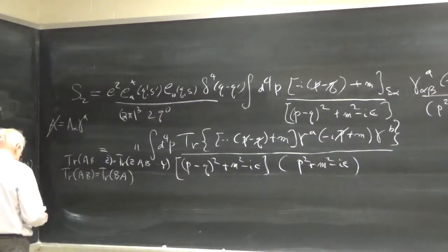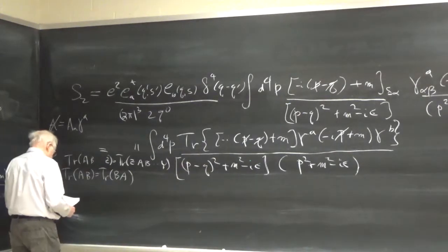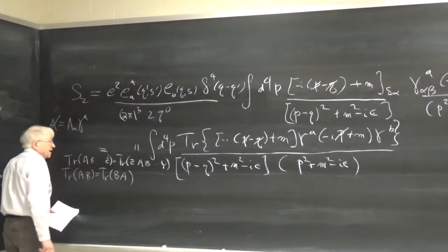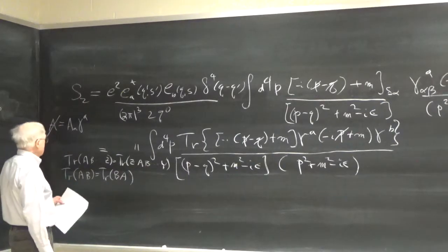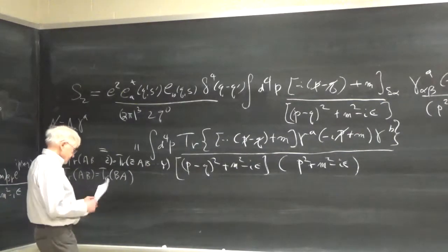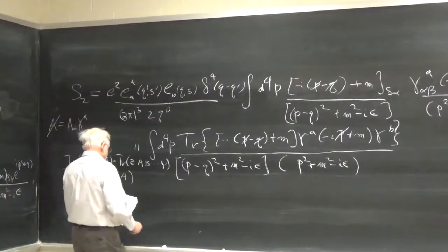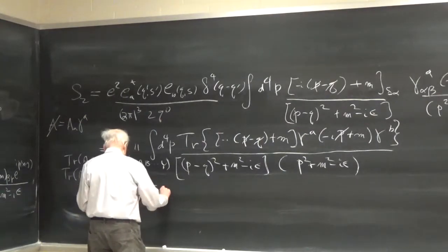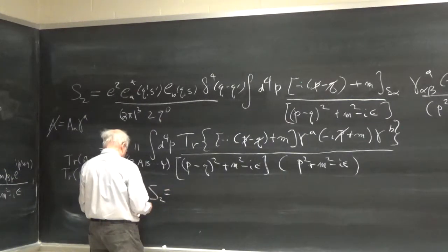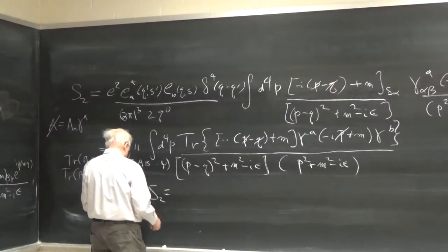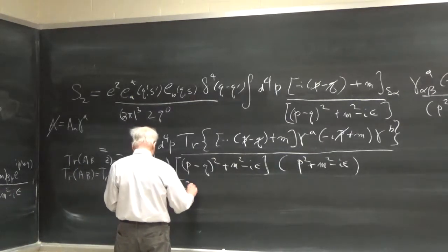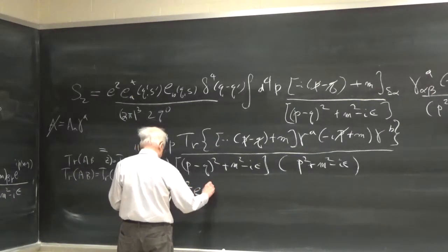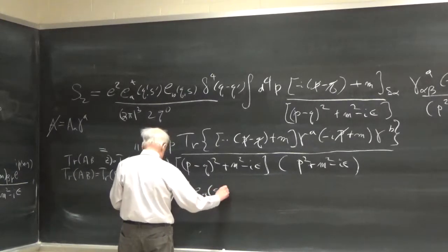And so the trace is cyclic. And if we also interchange A and B, then what we get is that S2 is e squared e.